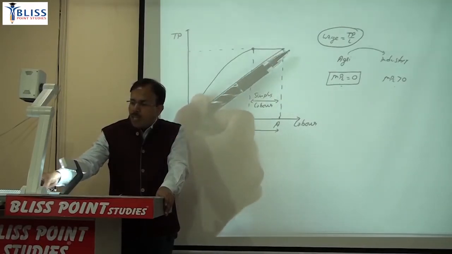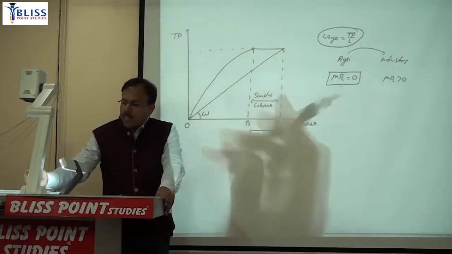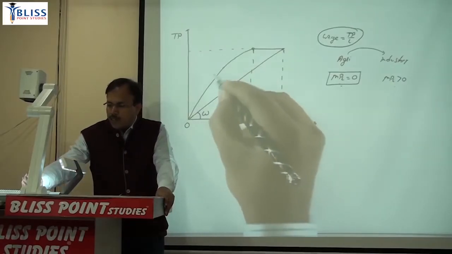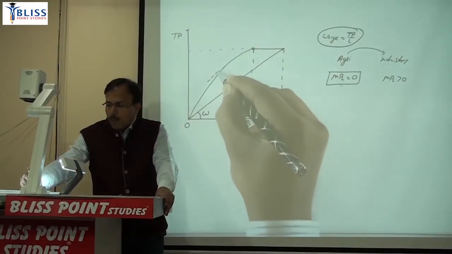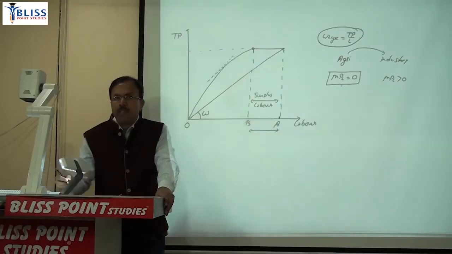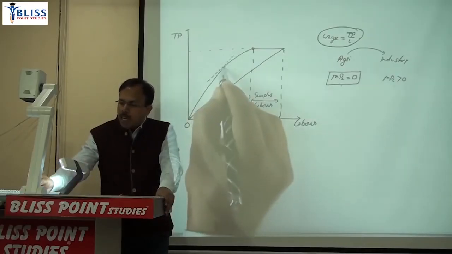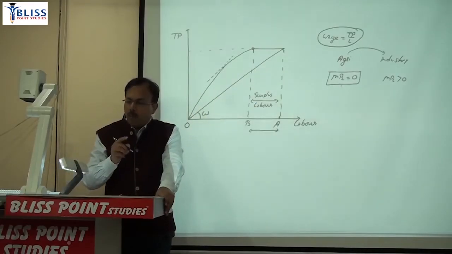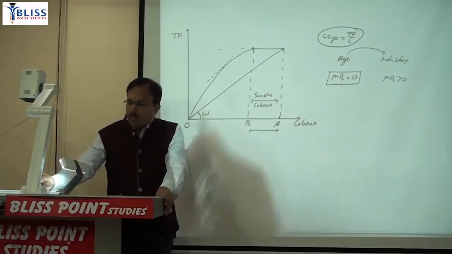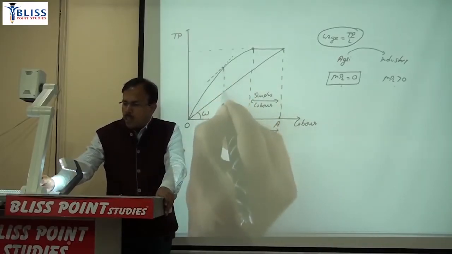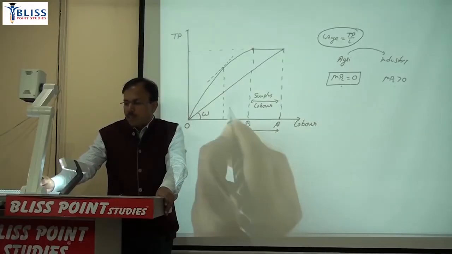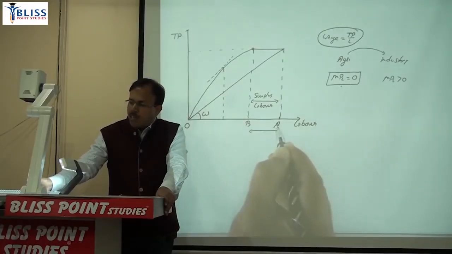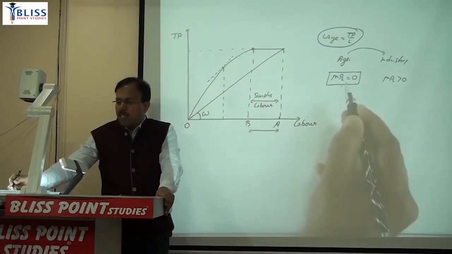If I draw a line parallel to this line, then I will find a tangency here. But that will mean what? It will simply mean that the marginal product of labor will be equal to the wage rate only corresponding to this labor. So first of all, for A to B labor, the marginal product was 0.